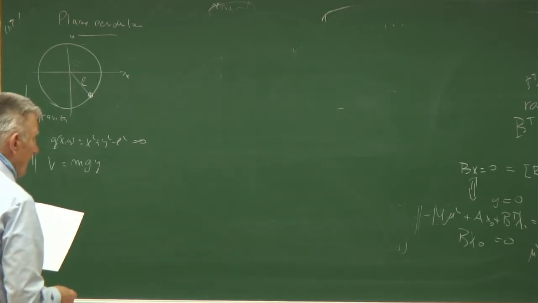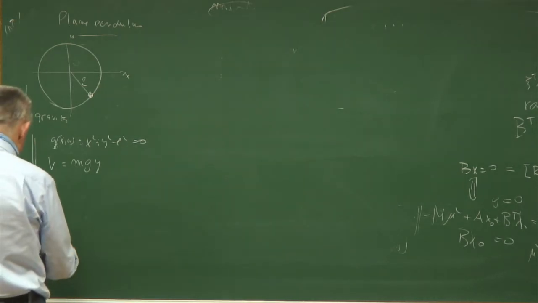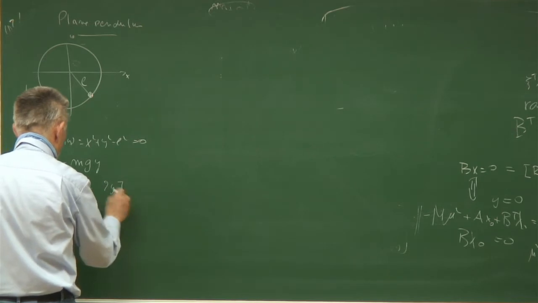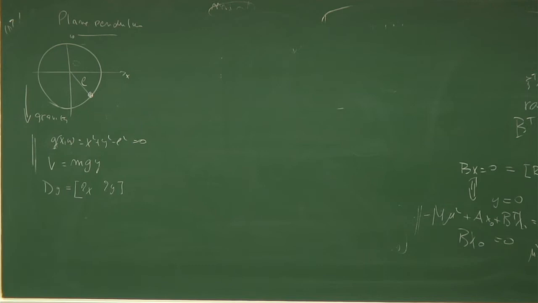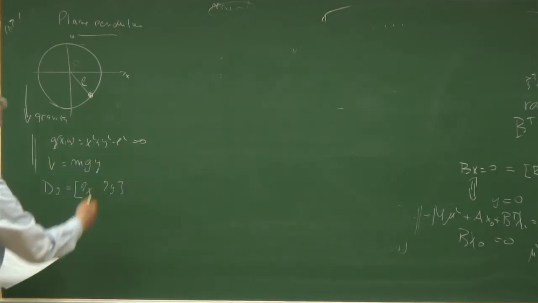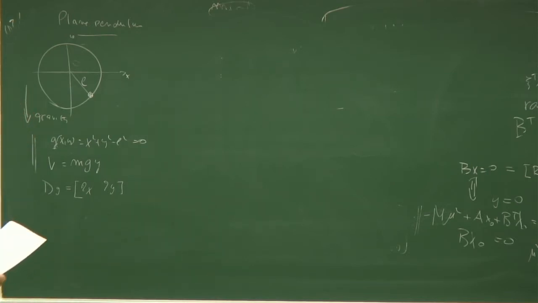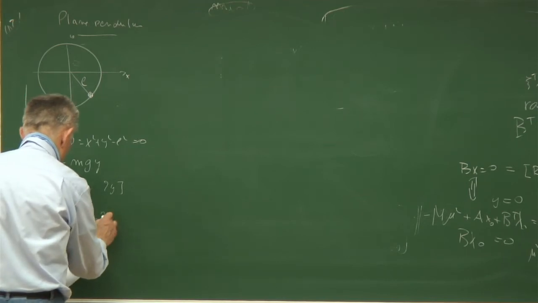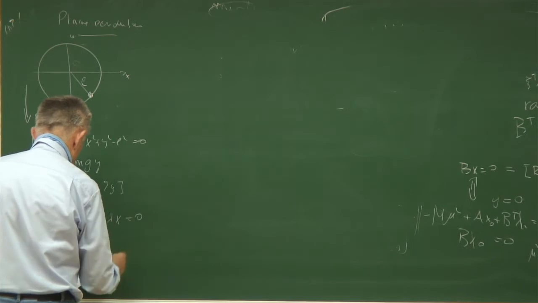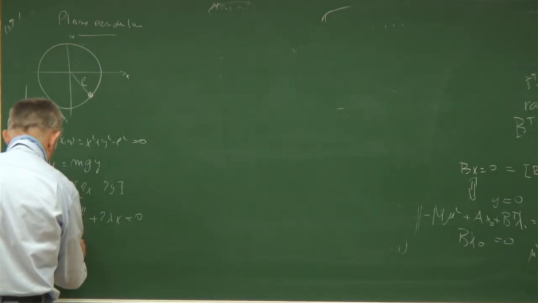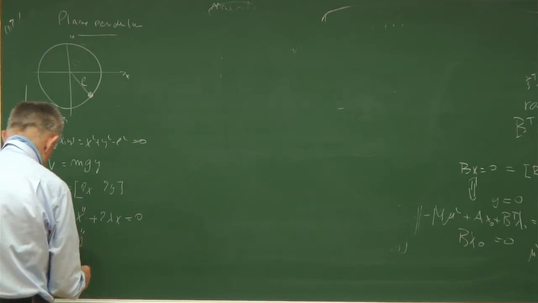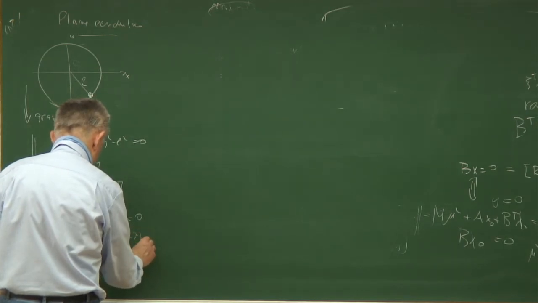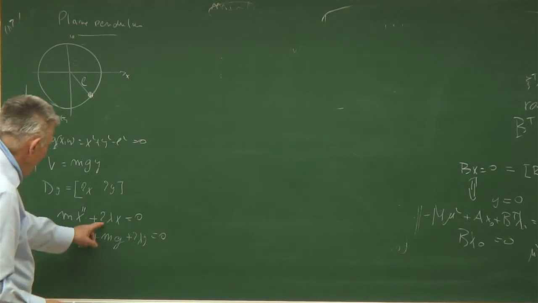Now we have to compute dg. What's that? That's 2x, 2y. The equations of motion are: m x double dot plus 2 lambda x equals 0, and m y double dot plus mg plus 2 lambda y equals 0.